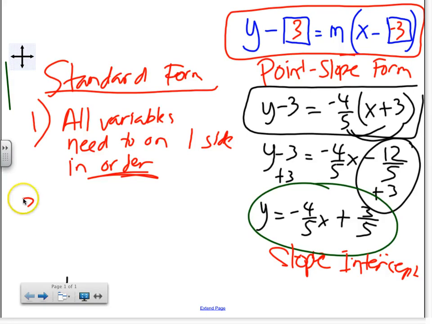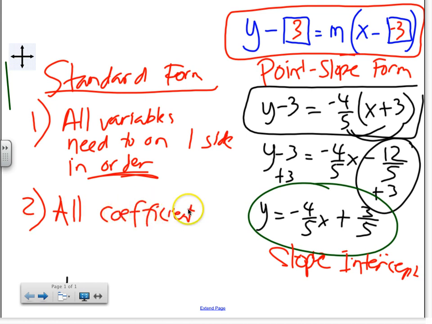That's the first rule. Second rule, all coefficients. Now, you know what coefficients are? Number in front of the variable. Right. They have to be integers. Well, when I say integers, do we have fractions? No. Do you have decimals?